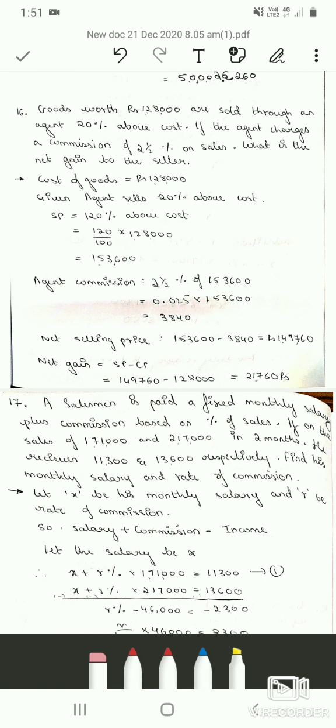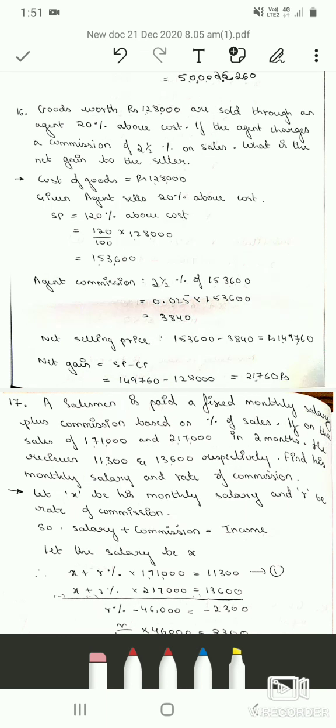Therefore the selling price we can take as 120% of cost. So 120 divided by 100 into 1,28,000, when you simplify we will get 1,53,600 rupees. Also they have given the agent commission rate.